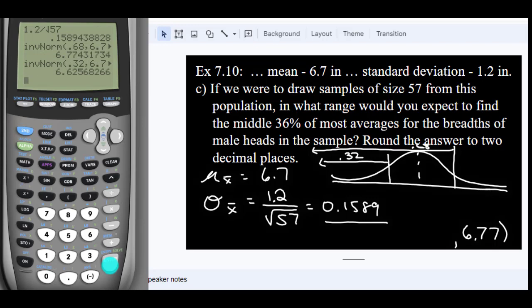So go ahead and hit enter, and we get 6.63. So notice if you take a larger sample size, it compresses everything towards the middle even more. So our range where that middle 36% is expected to be is going to be even smaller than it was when we had sample sizes of 41.